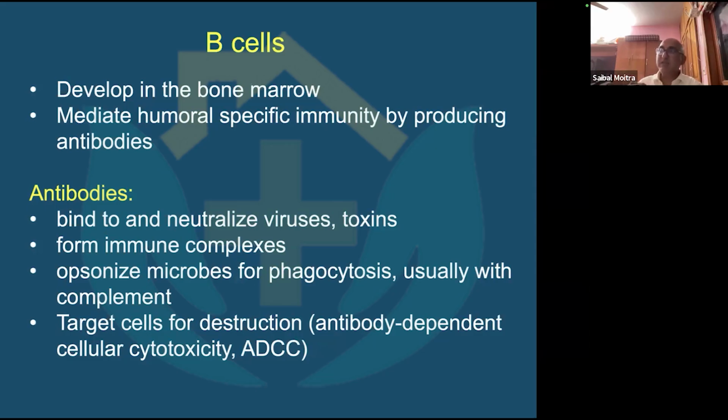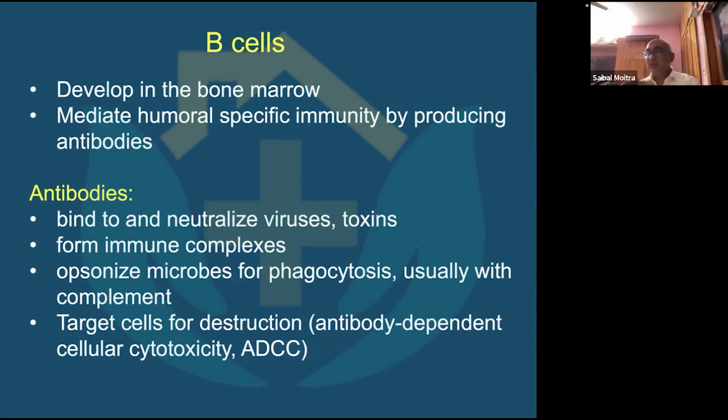It binds to organisms, and because the phagocytic cells have the receptor for the constant region of the IgG, mainly Fc gamma R1, it can bind to the IgG which is bound to the microorganism and engulf and digest it. And that is opsonization. Third is antibody dependent cell mediated cytotoxicity. What is that?